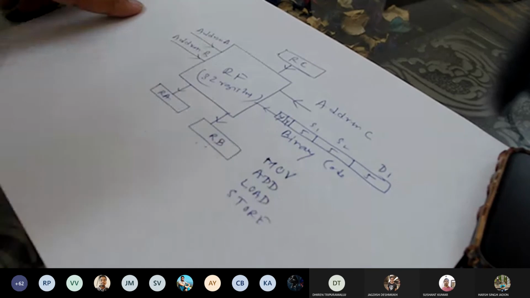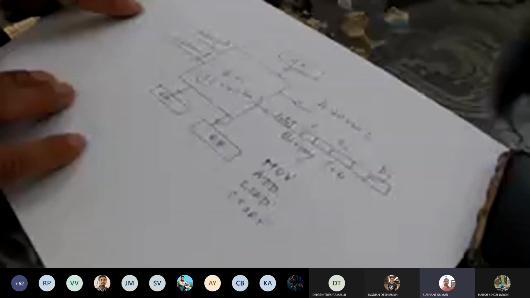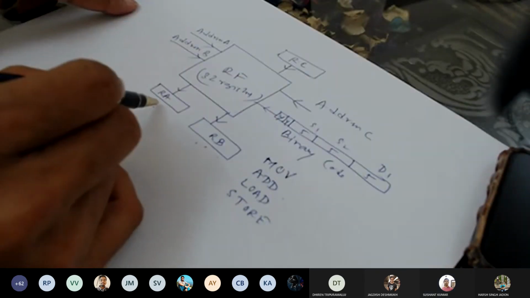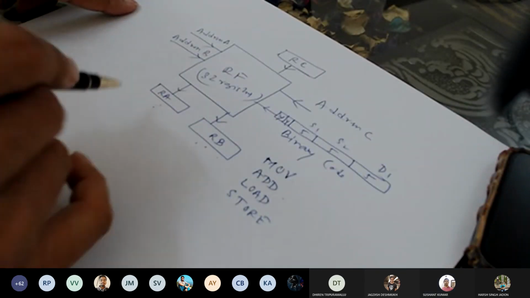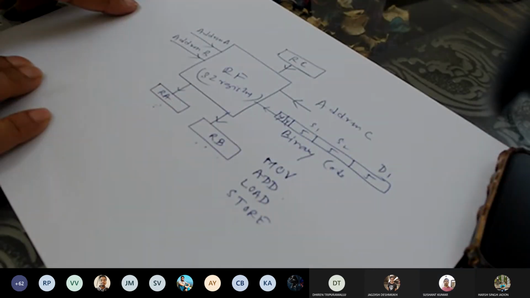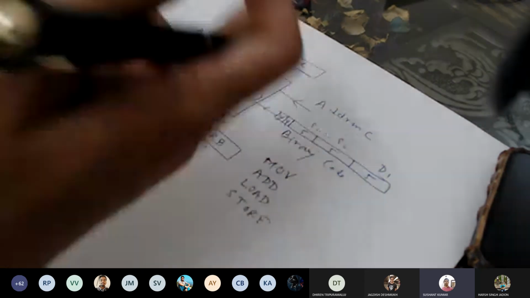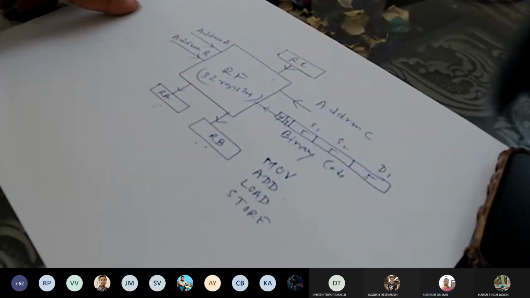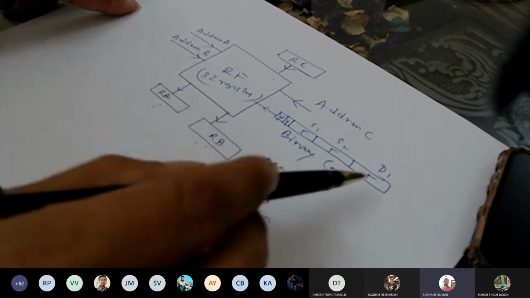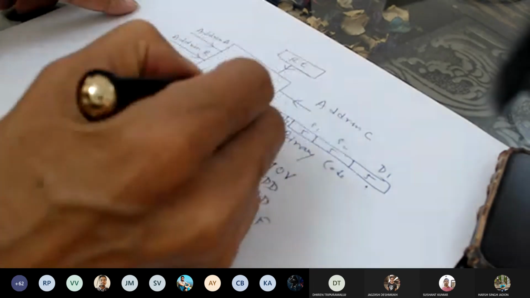Load will load the value from address C into one of the registers, RA, because load requires only one register. And store will basically store in address C, and that will be D1, not destination. So whatever the value is there will be stored here itself.